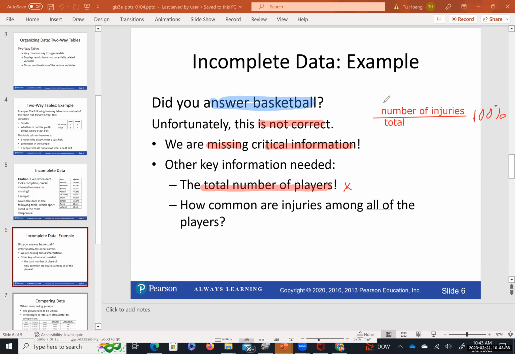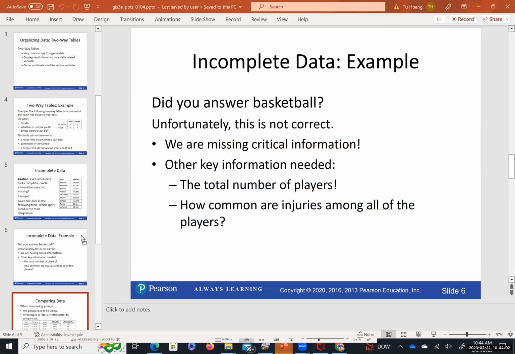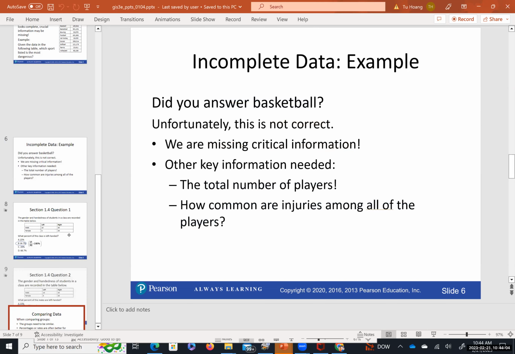Let me use another color. And then how common injuries are among all the players. That's also information that we're missing. All right, so let's move to the next slide.